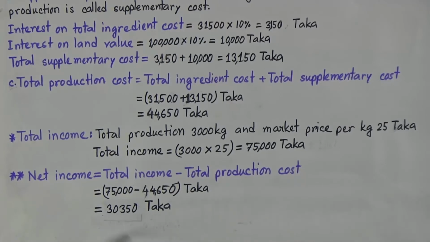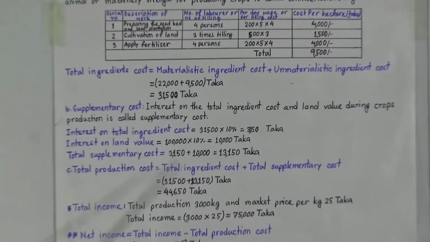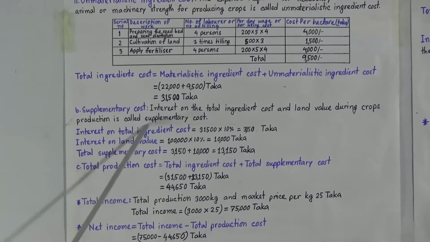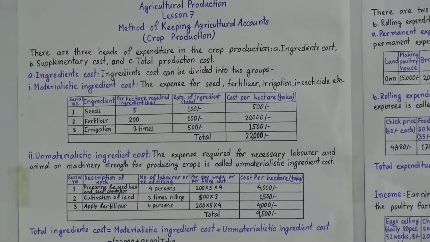So this is our net income. That means this is your profit from the crop production. So by using this process, you will find the profit for any crop. So my dear students, you will follow this way for the calculation of the profit from the cultivation of crops.